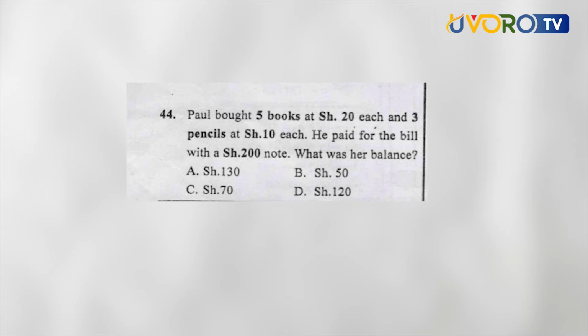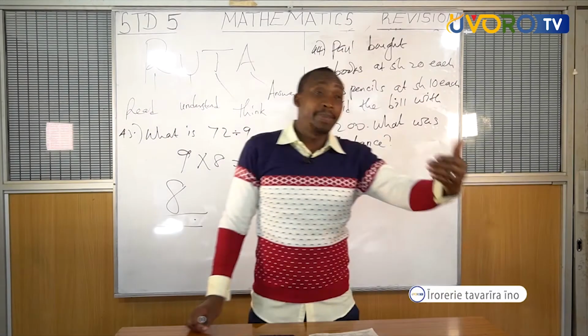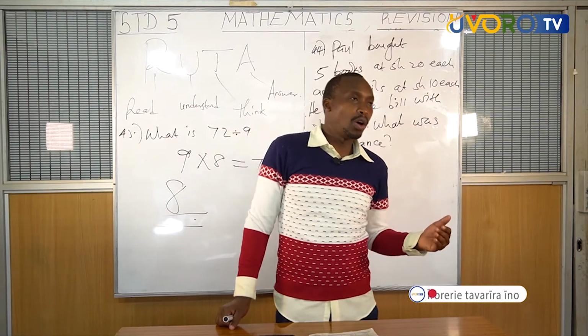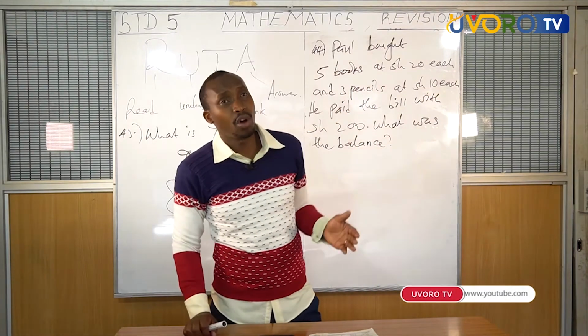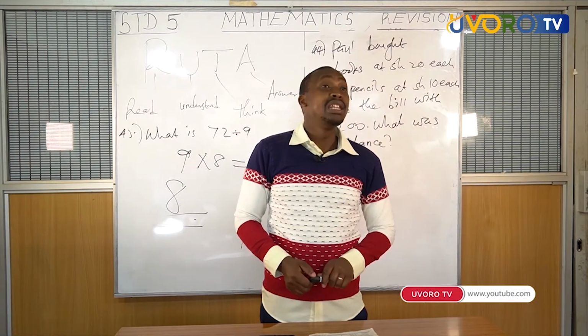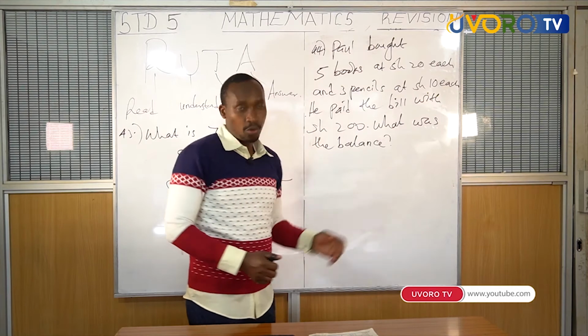What was the balance? As I've told you earlier on, you cannot be in this world without knowing mathematics. Why? You want to go to the shopkeeper and buy something. Your mother, or your dad, or your grandpa or grandma has given you some amount.